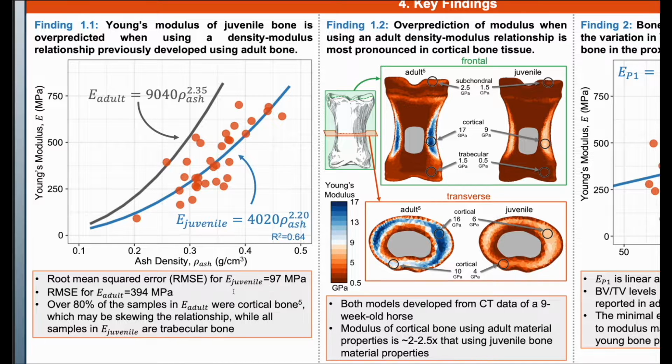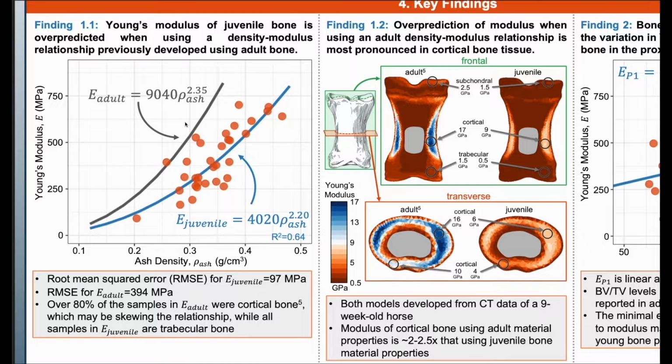If we put some numbers to the difference in the adult and juvenile relationships, the root mean squared error for the juvenile density modulus relationship is 97 megapascals, and the RMSE for the adult density modulus relationship is 394. So that's almost 4 times greater.